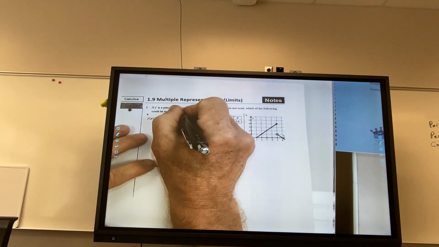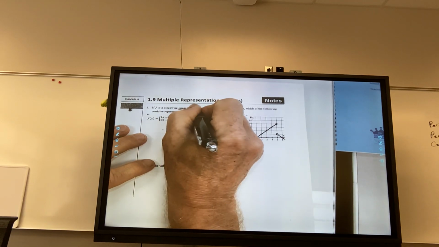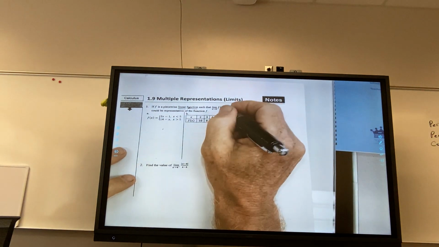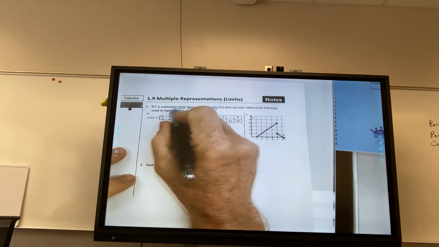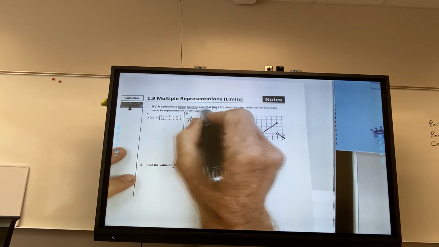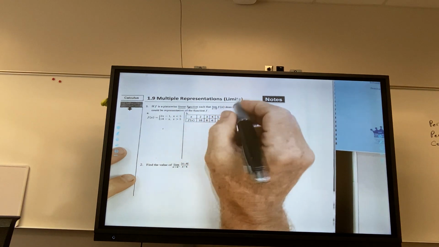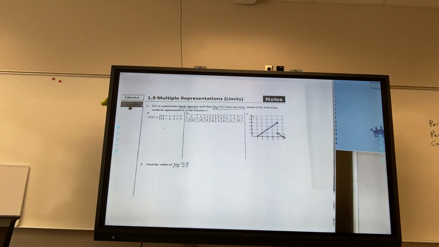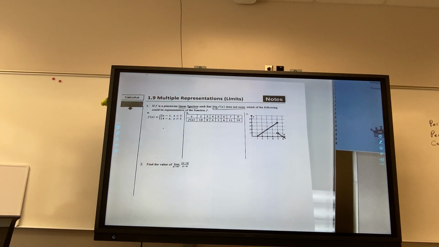So I'm underlining the word linear function. Okay, so when I think of that, it's got slope, correct? If f is a piecewise linear function such that the limit does not exist as it approaches 5, which of the following could be that function?